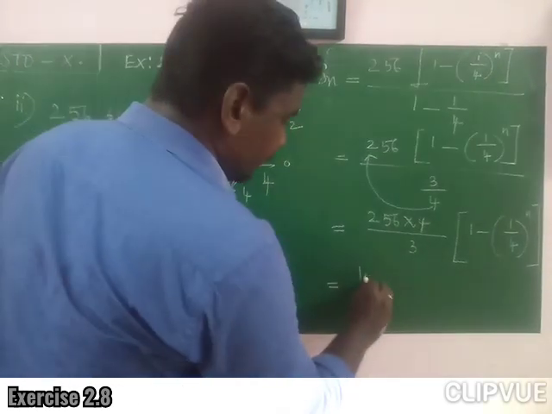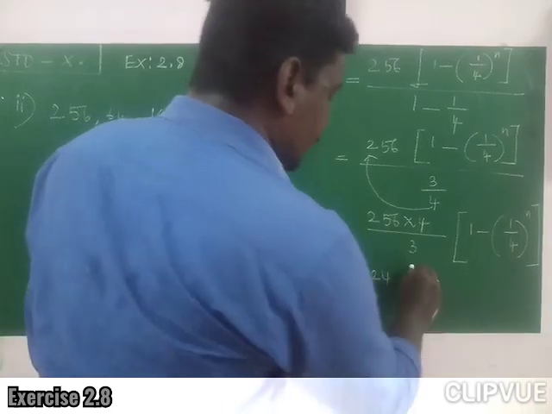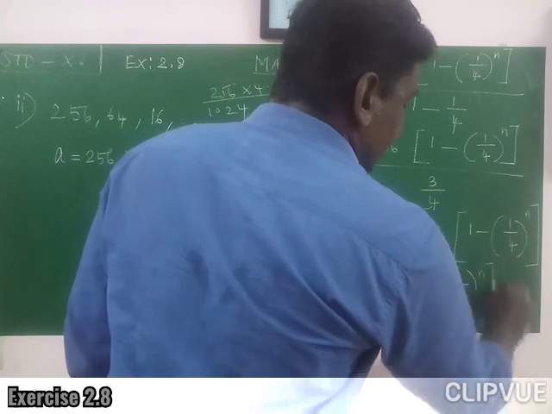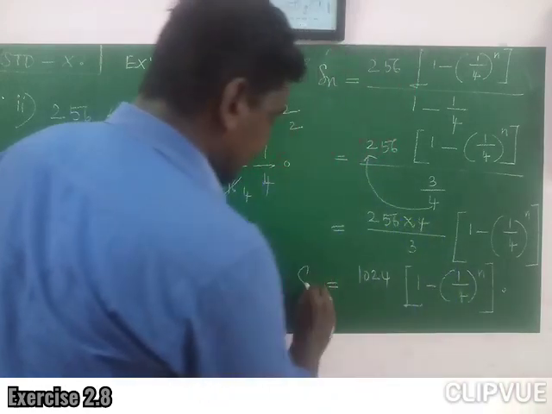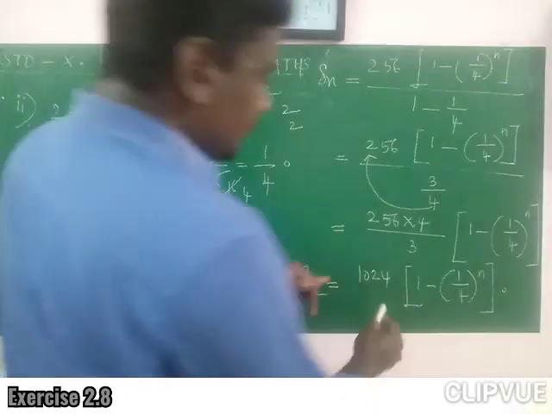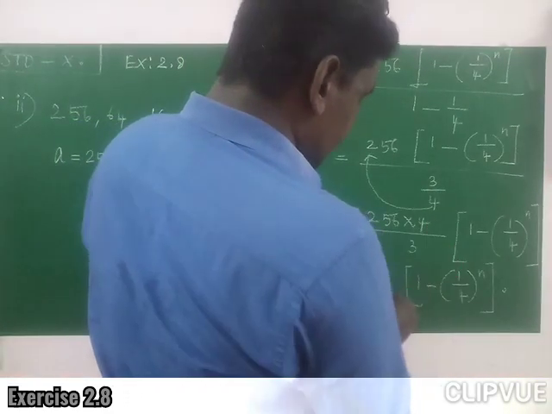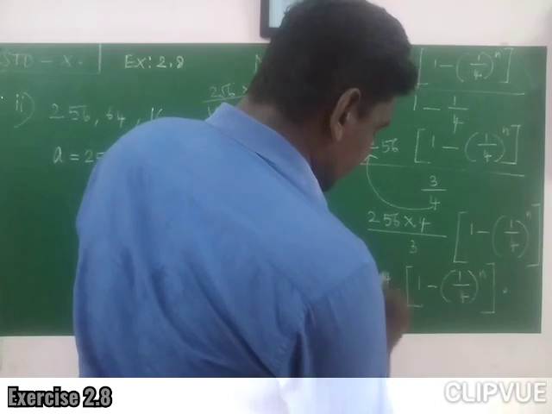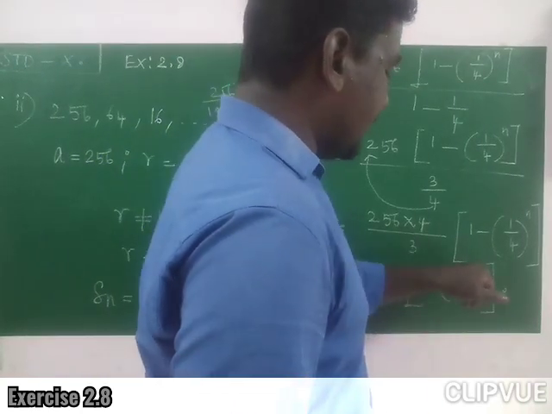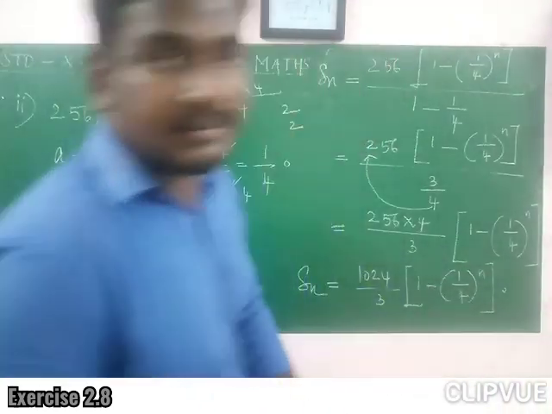So 1024. Sorry, here 256 into 4 is 1024, divided by 3. So Sn is equal to 1024 by 3 into 1 minus 1 by 4 whole power n. This is the required answer.